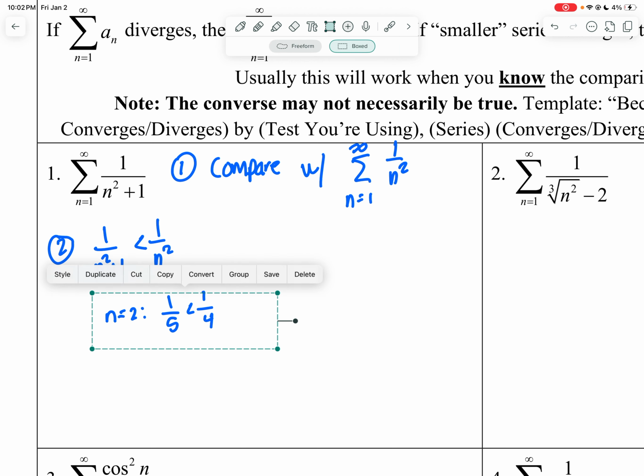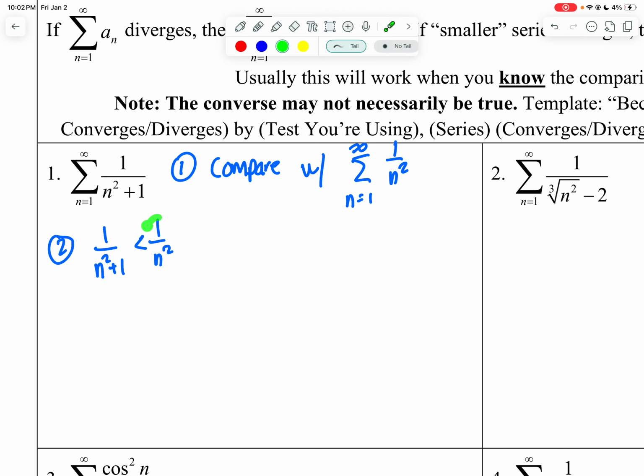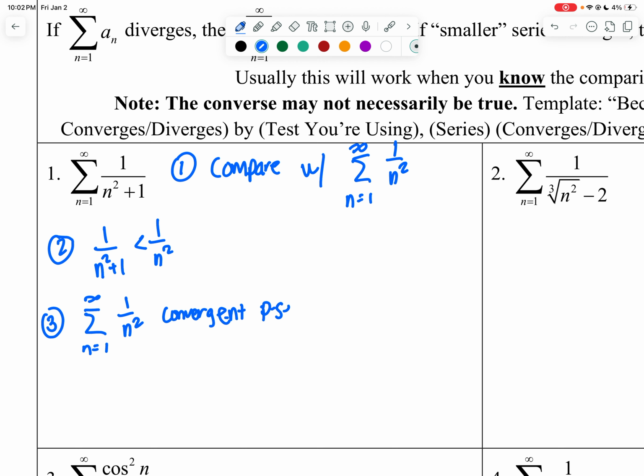Now, because we're comparing this with 1 over n squared here, this is where our next step comes in. We know that the series, so not the sequence, but the series now, the series 1 over n squared, what is that? Well, hopefully we know it is a convergent p-series, and you're going to have to tell me why, because 2 is greater than 1.